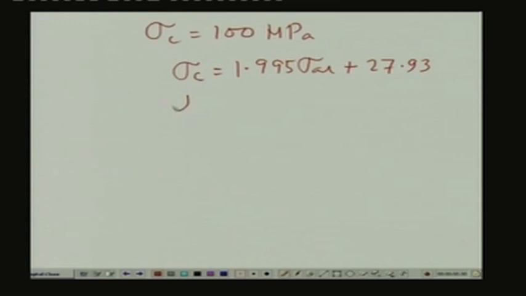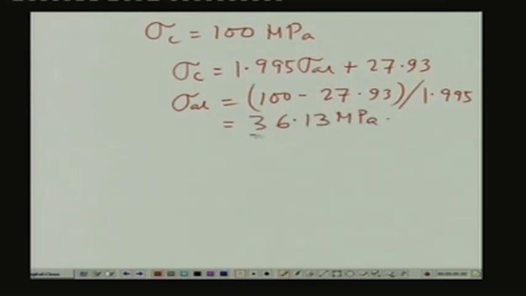The value of sigma aluminum comes as 100 minus 27.93 divided by 1.995, and this is equal to 36.13 MPa.